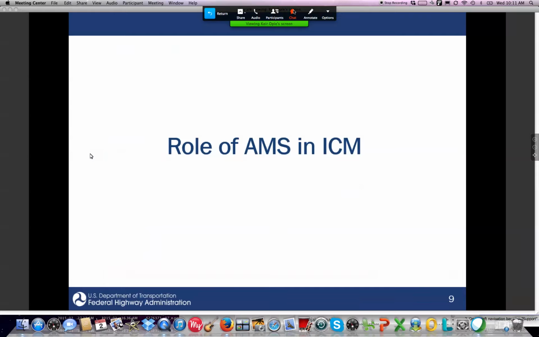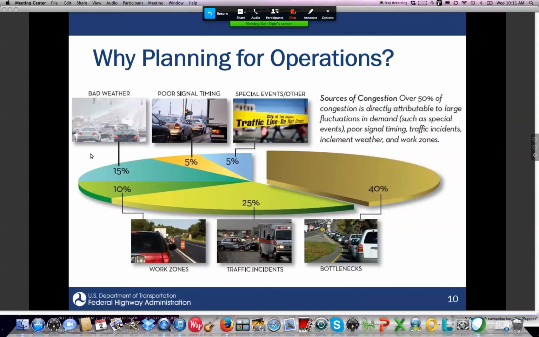So the role of AMS in the ICM comes back to why we're planning for operations in the first place. Again, I believe this slide was presented yesterday, but I think it bears repeating here. It shows the different sources of congestion across the networks and the causes of those delays.